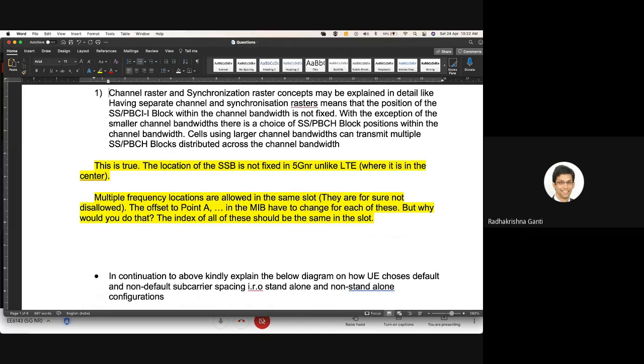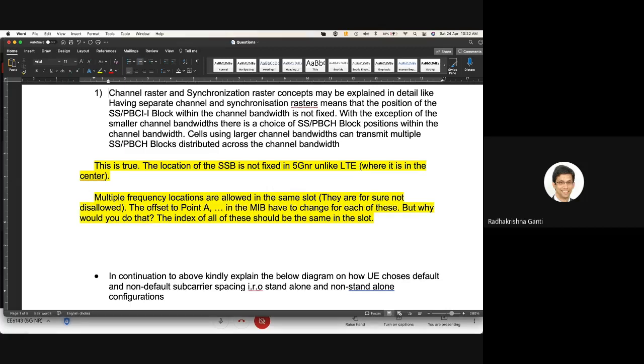So let me just talk about this channel raster and synchronization raster. I'll provide more details in the coming classes, and I'll also send you a note. One thing that is different between LTE and 5G NR is this whole notion of synchronization raster.